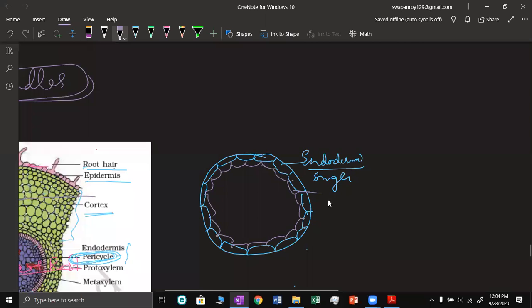This one is pericycle, and after that there are the vascular bundles.